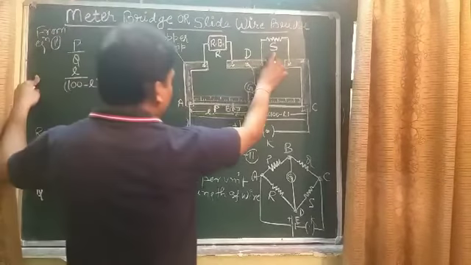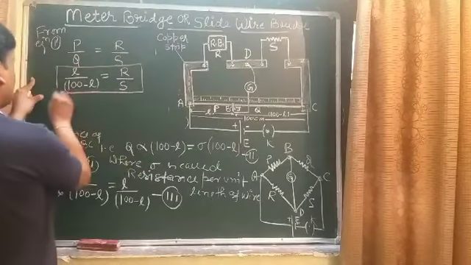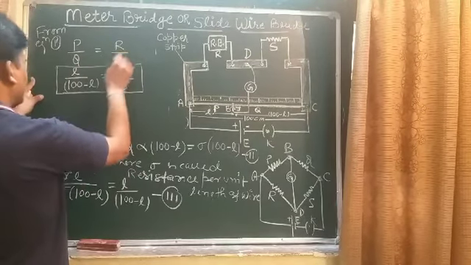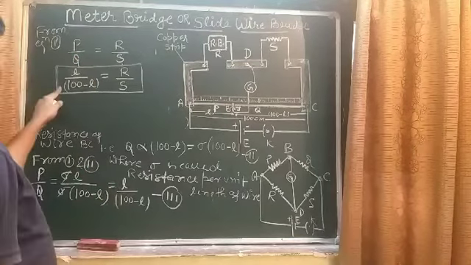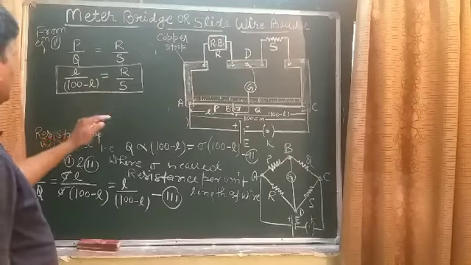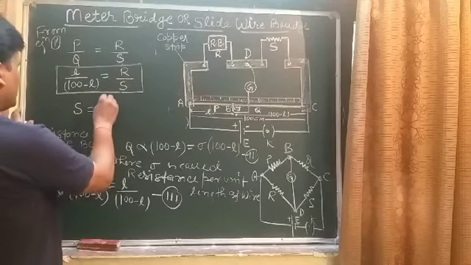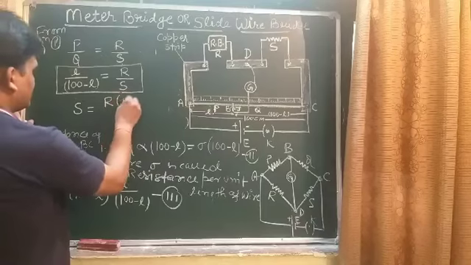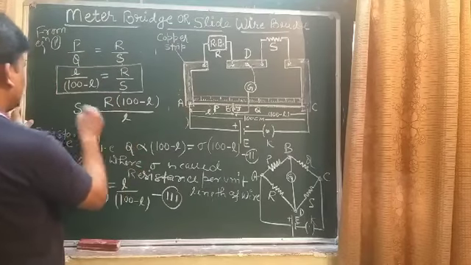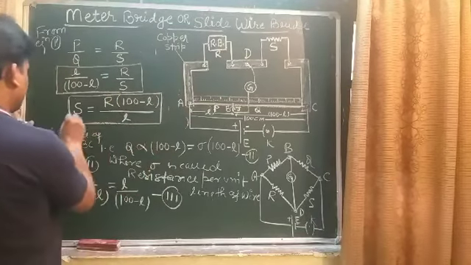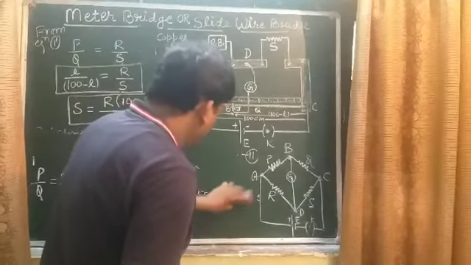In terms of unknown resistance, L upon 100 minus L equal to R by S. In terms of S, the unknown resistance, it can be written as S equal to R into 100 minus L divided by L, and this is the formula for the meter bridge.